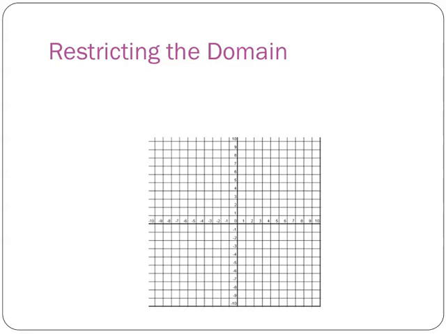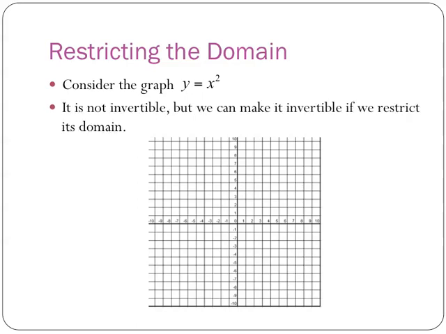Let's consider our most basic function that we were working with last time, whose inverse is not a function. So y equals x squared. While it is not invertible, we know it doesn't pass the horizontal line test. We know that its inverse is not a function. We can make it invertible, or we can make it such that the inverse will be a function, by restricting the domain.